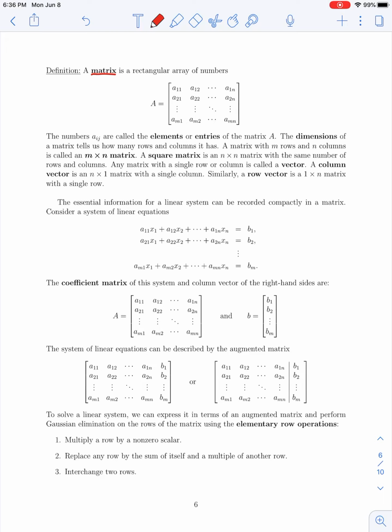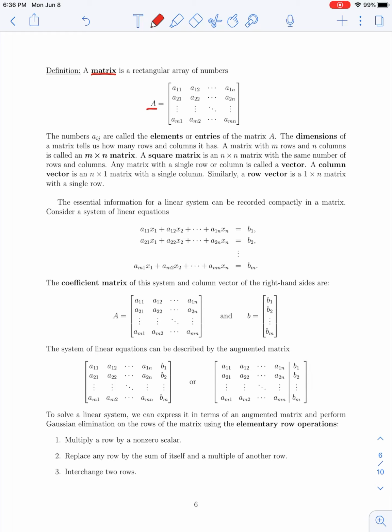Now, the notation that we're going to use for matrices in our course is a capital variable. So say the capital letter A would be used to denote a matrix A. And we see here that we have some rectangular array of numbers written in square brackets.